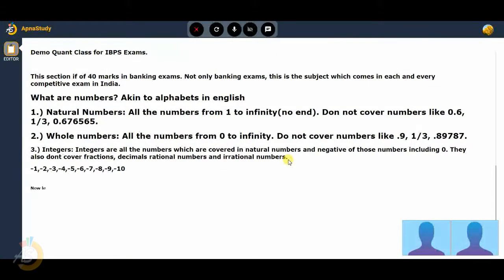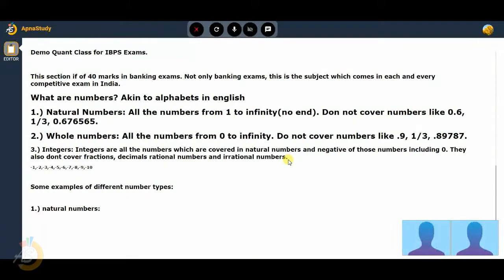Now let us see some examples of different numbers we have discussed. First, let's see some example of natural numbers.